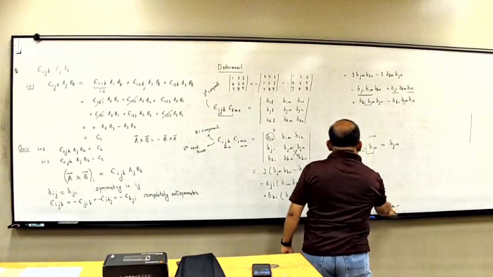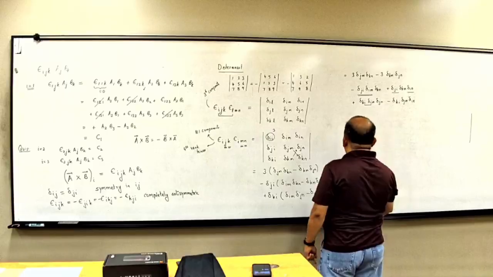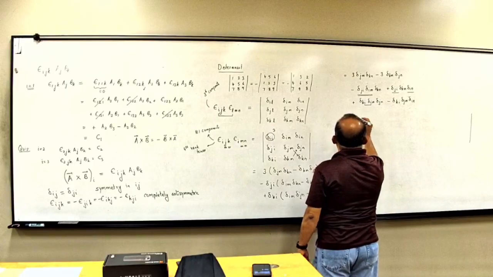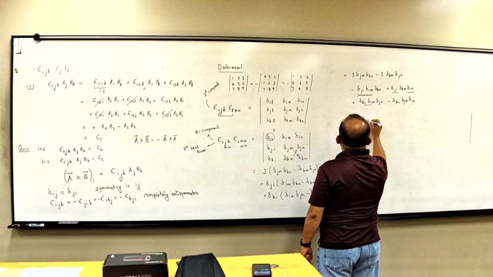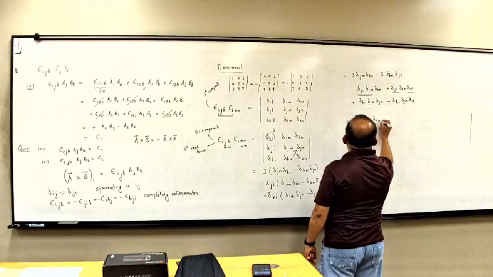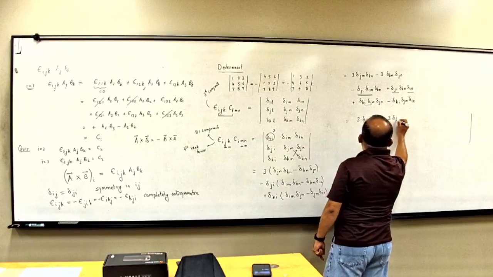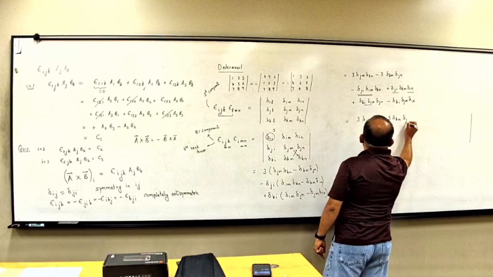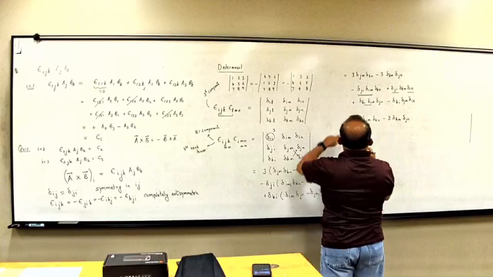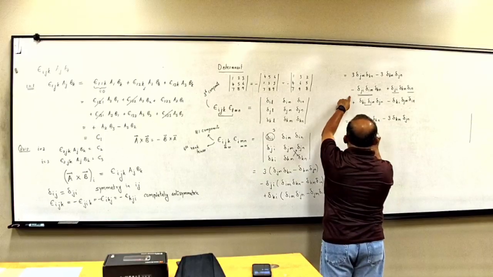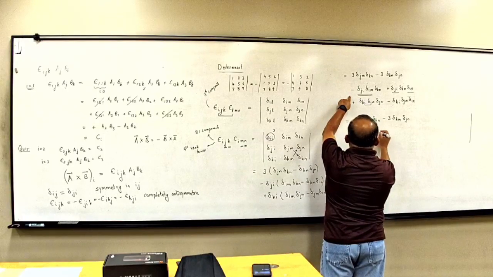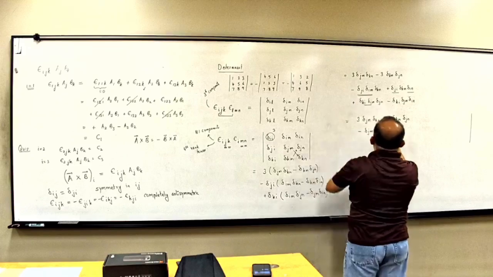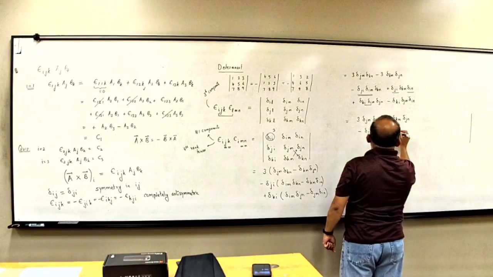So I'm going to do that and simplify this a little bit. So it is delta Jm, so copy the first line as it is, delta Km delta Jn, and this one is minus delta Jm delta Kn, and here it is plus.